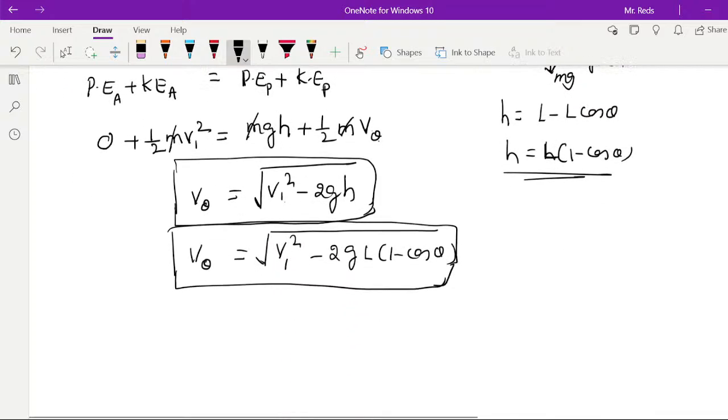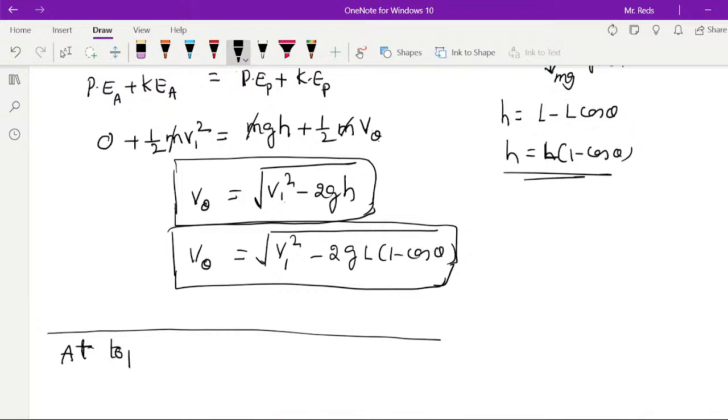So at the topmost point B, tension should not be less than or equal to 0.